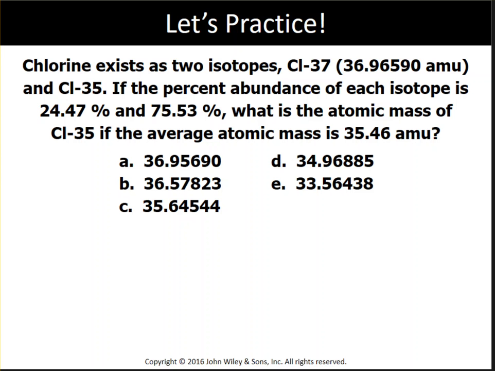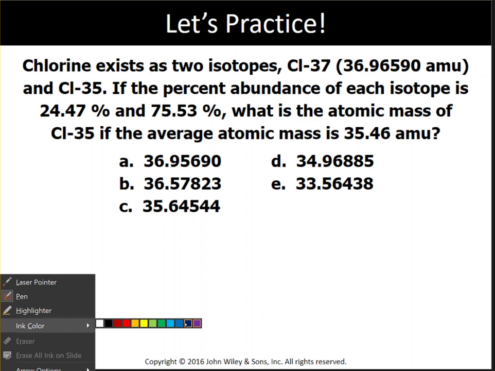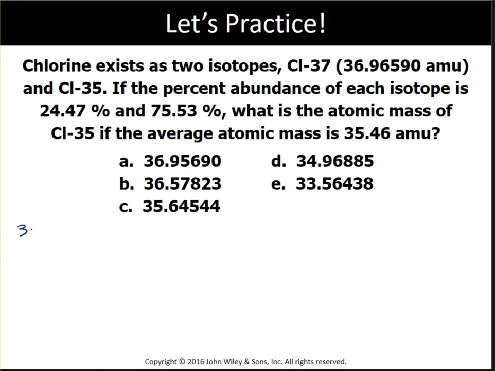So the average atomic mass is 35.46 AMU. Chlorine has two isotopes.